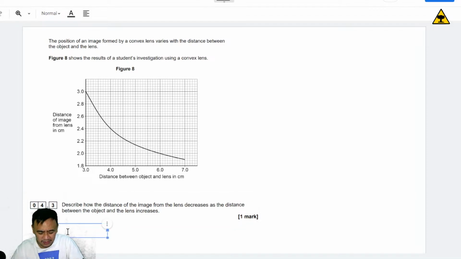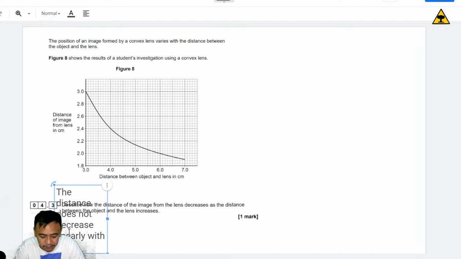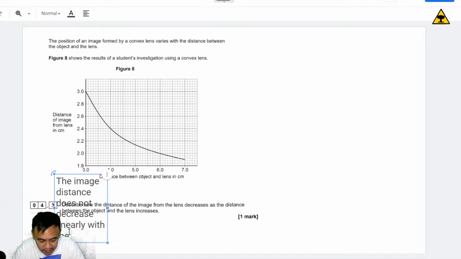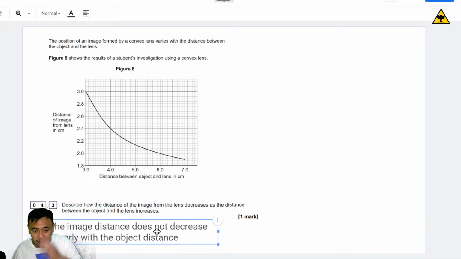You can say here, the distance does not decrease linearly with the object distance.